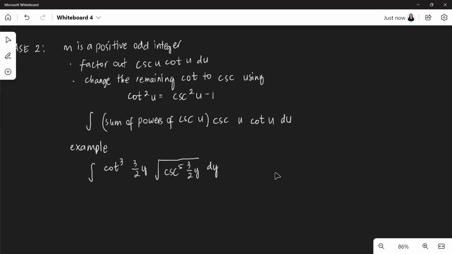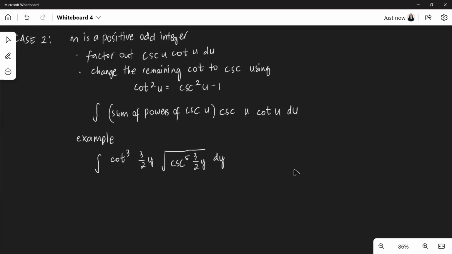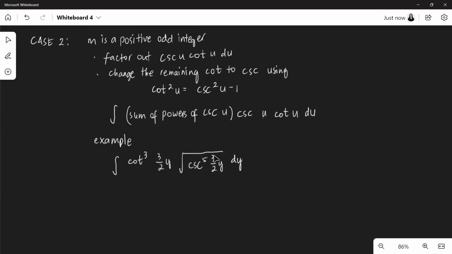And there's a power of 5 here, but it's being raised to a power of 1/2. So we can write this as cosecant, but it's 5 times 1/2, so that's 5/2, or 2 and 1/2.